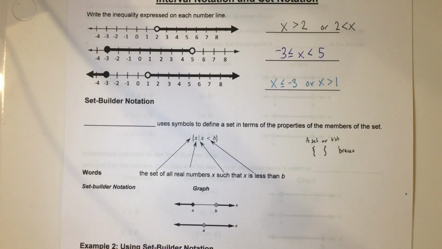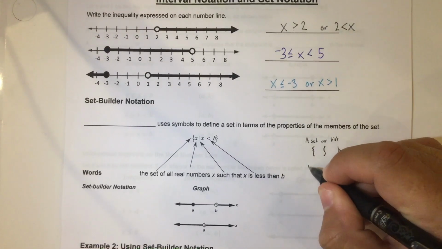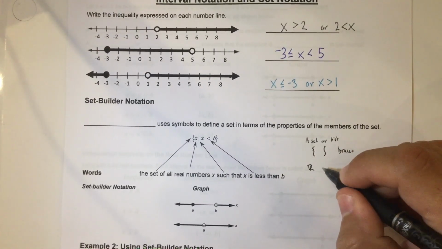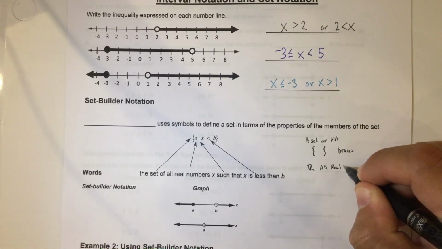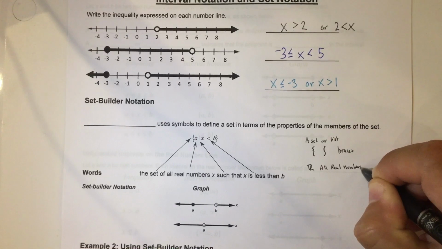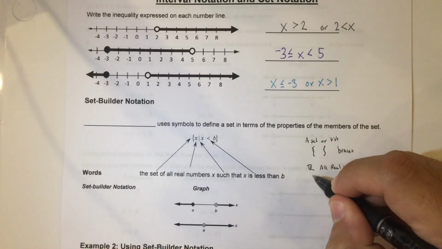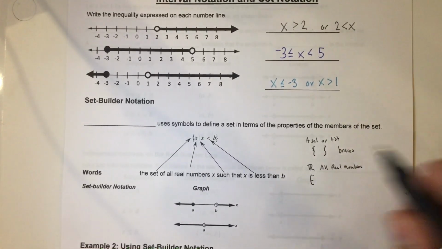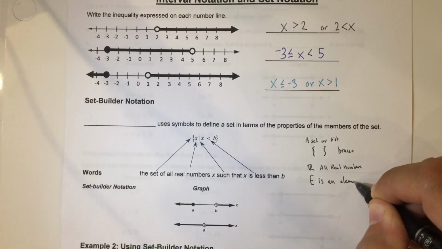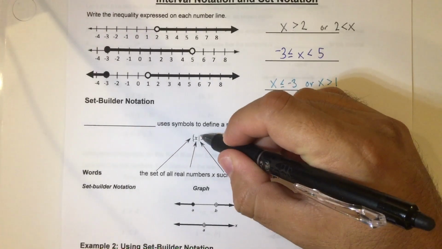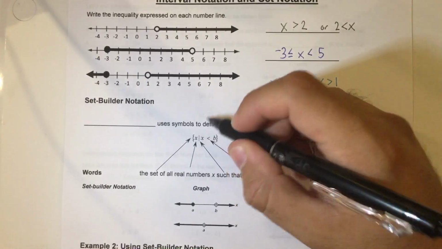And symbols that you probably should be familiar with: this is all real numbers. This little E right here means is an element of. And this little line right here is going to mean such that, and we'll get to that in a sec.